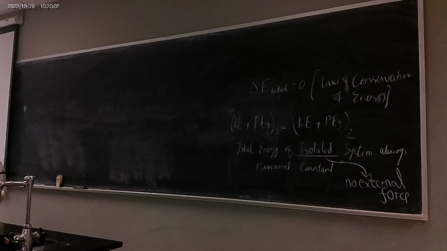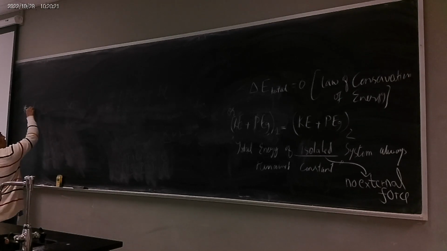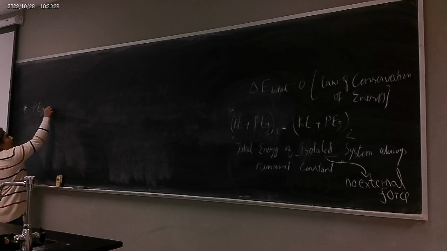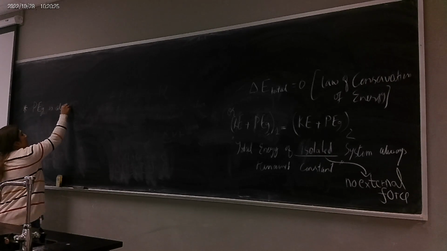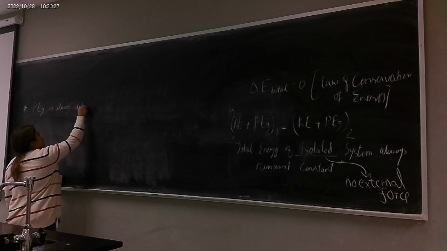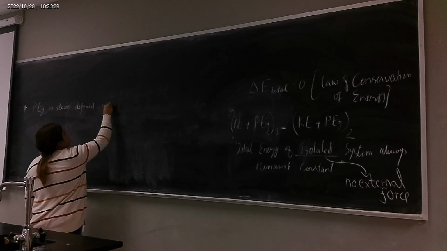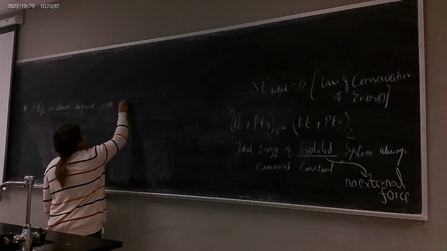No. If you just know the speed of the car, you plug in the formula, it does give you the kinetic energy of the system. This is not true for potential energy. Potential energy is always defined because it's related to the position. It's always defined with respect to a reference point.